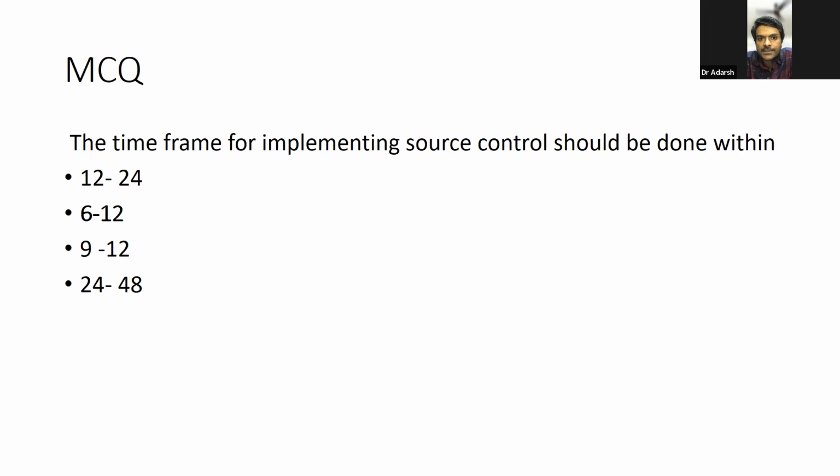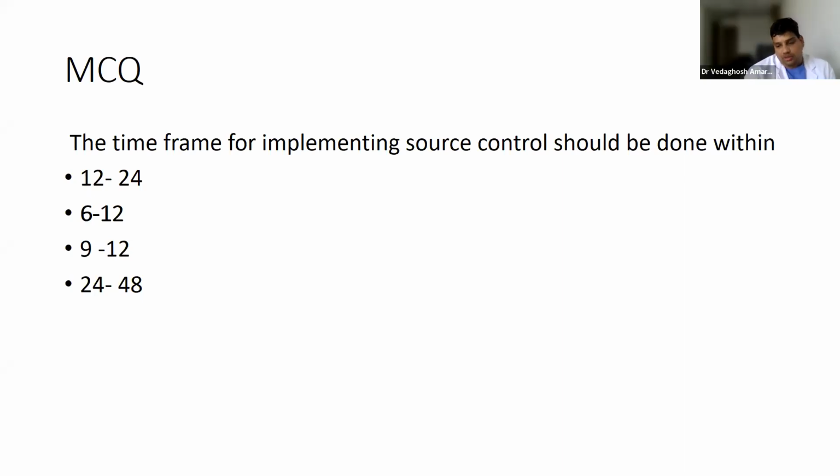I know 12 is the magic number here. Most of them are answering 6 to 12. Okay, now that they understood, as early as possible, like 12 hours and before.